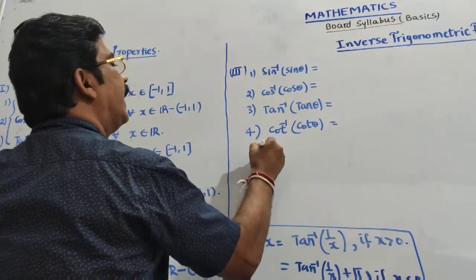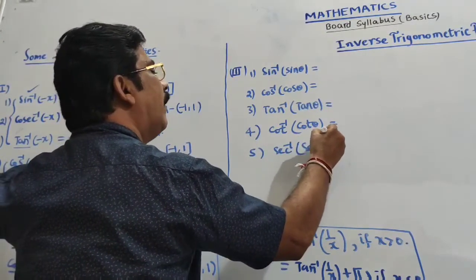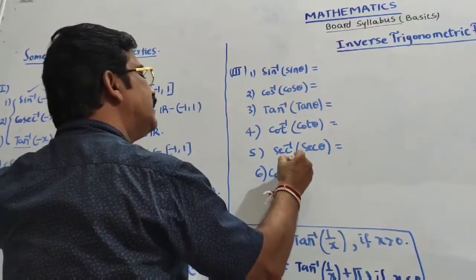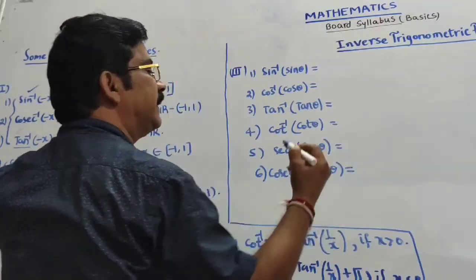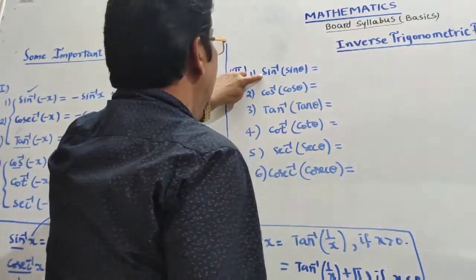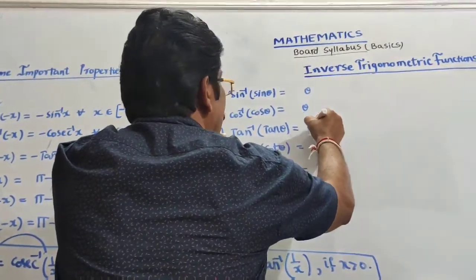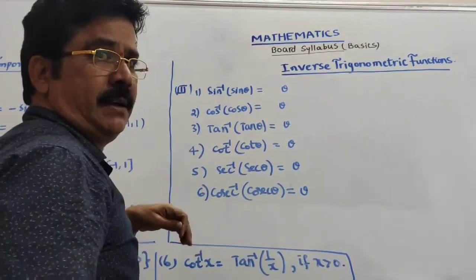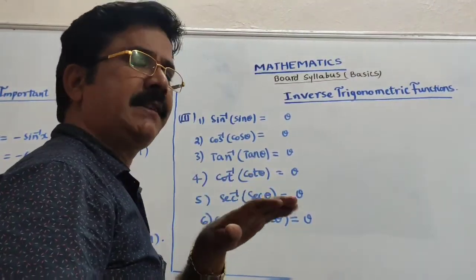Number 5, secant inverse of secant theta. Number 6, cosecant inverse of cosecant theta. So here it is theta in every case, but we have to write the area of theta. It is the main important point.